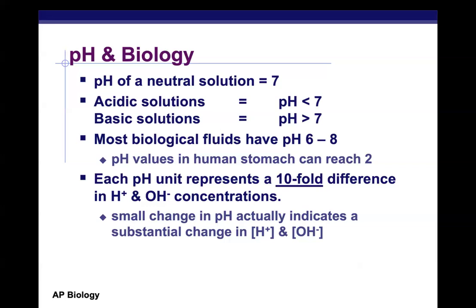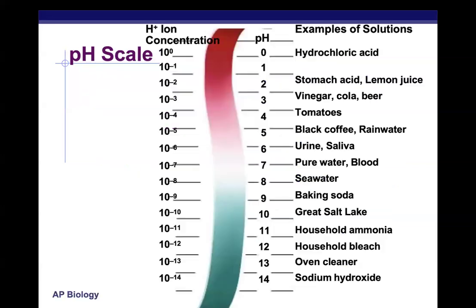Or if it gets down to below 7, not going to work out either. So pH in living systems is very important because most living systems have a very small tolerance of pH. And that's why water is so perfect to be the main solvent of living things, because its pH of 7 is usually right in the middle of that sweet spot for homeostasis of different organisms.